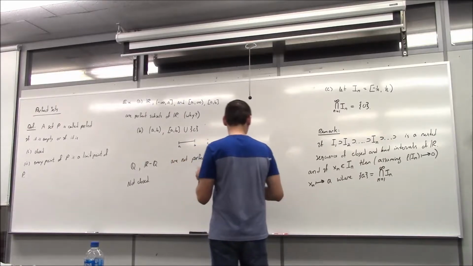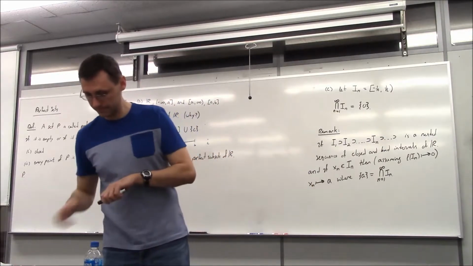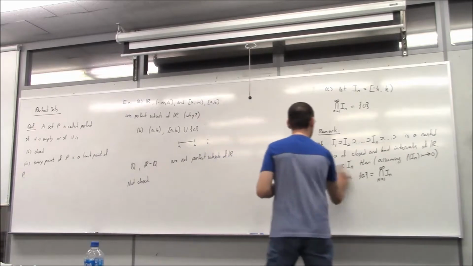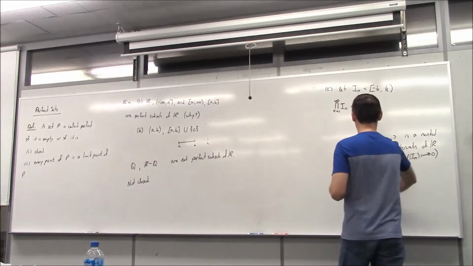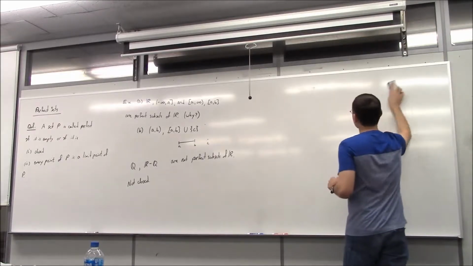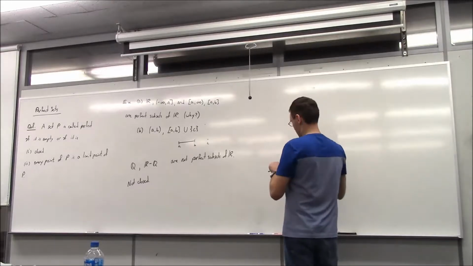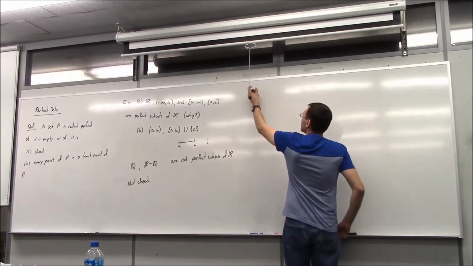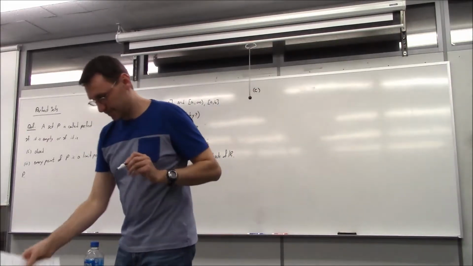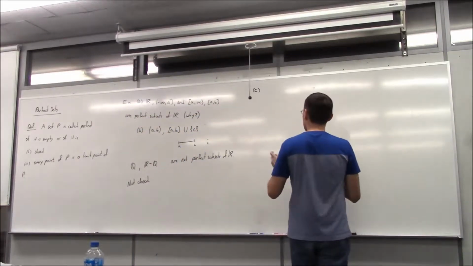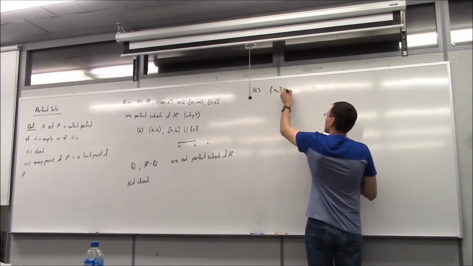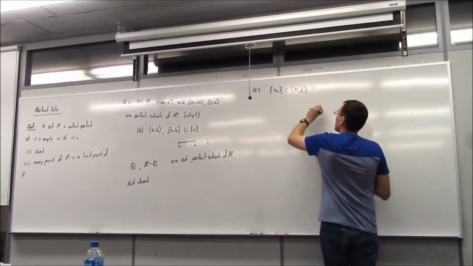So that was B. C. So suppose that what we have is a sequence xn, which is a subset of some metric space (M, d).